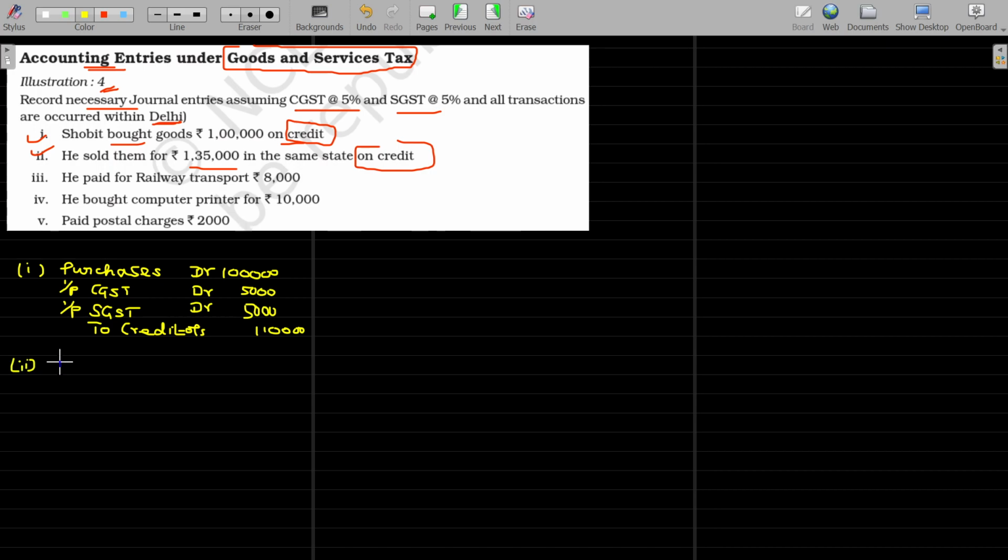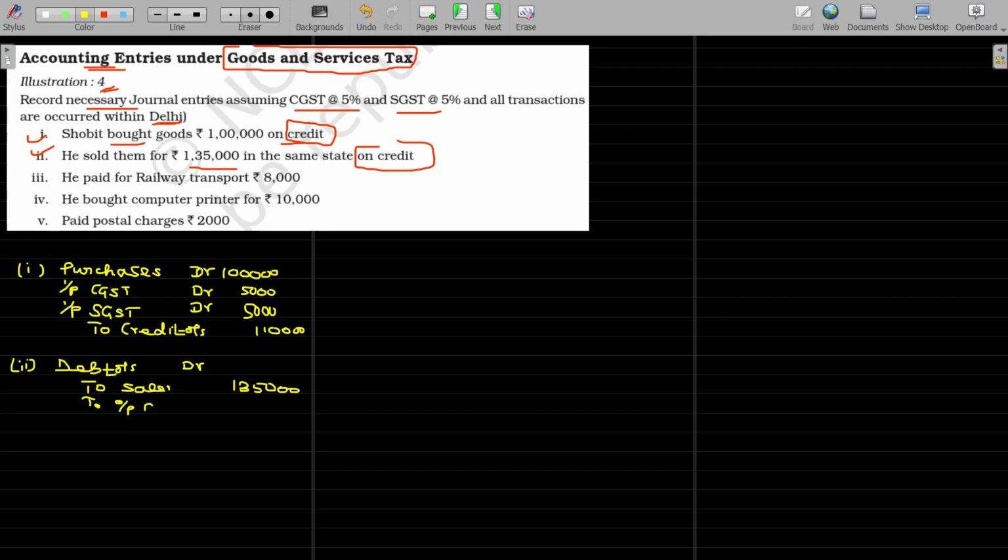Okay. Debtors account debit. As it's a credit sale and the party's name is missing, we have to debit the debtors account to sales. The value being 1,35,000. Though the value being 1,35,000, I collect not only 1,35,000, tax on this will also be collected together. So the two taxes I am going to collect here being CGST and SGST, but I am going to name them output CGST and output SGST.